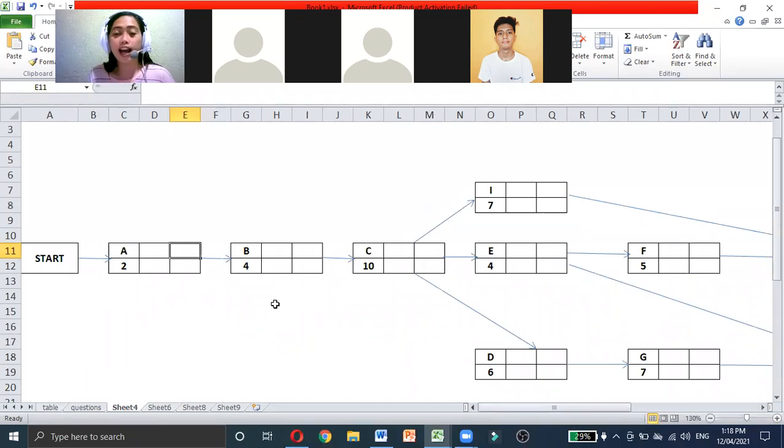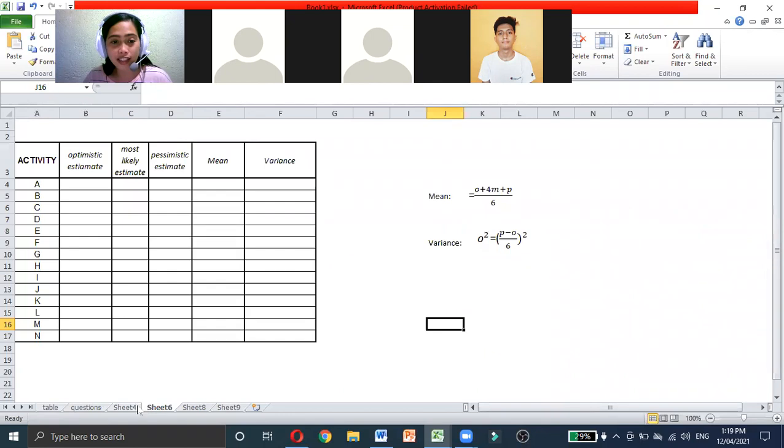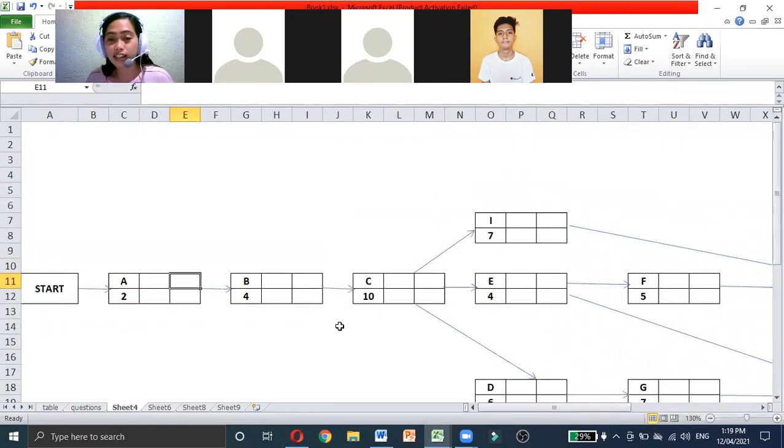What do we call this? When we want to identify the earliest start and the earliest finish time, what would be our method?